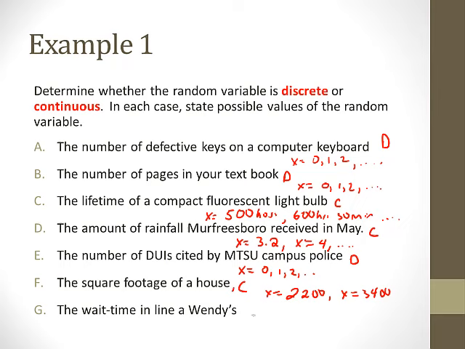Again, another continuous. X could be 5 minutes. Let's say we're in minutes. X could be 3.5 minutes. Now, what if we said the number in line at Wendy's, the number of people that are actually waiting for food? That would be discrete. So hopefully these examples clear up any confusion you've had earlier on discrete versus continuous.